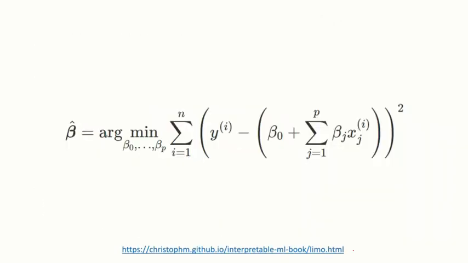So our problem is to try to find the combination of beta values, the p+1 beta values, in order to minimize this whole thing. So what is this? y is your observed values, so this y here is this vector, observed. Your observed minus your model.